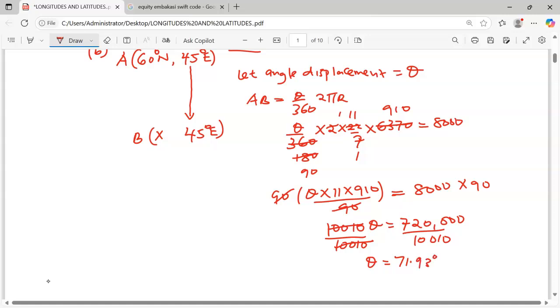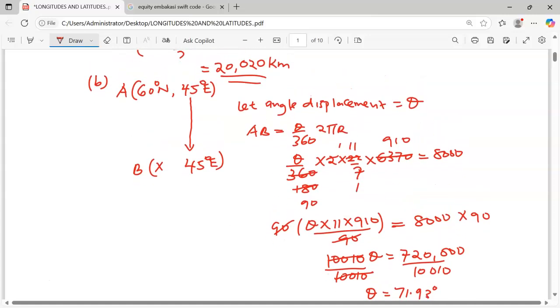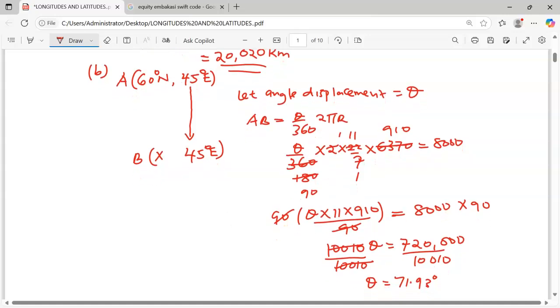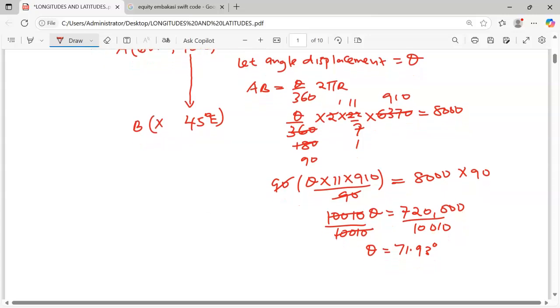71.93 degrees. And for us now to get the latitude position of B, the total displacement is 71.93, and therefore getting the latitude of B, we are going to take 71.93 minus 60 so that we can get the true position of B, and this one is going to give us 11.93 degrees, and therefore this one is going to be south.